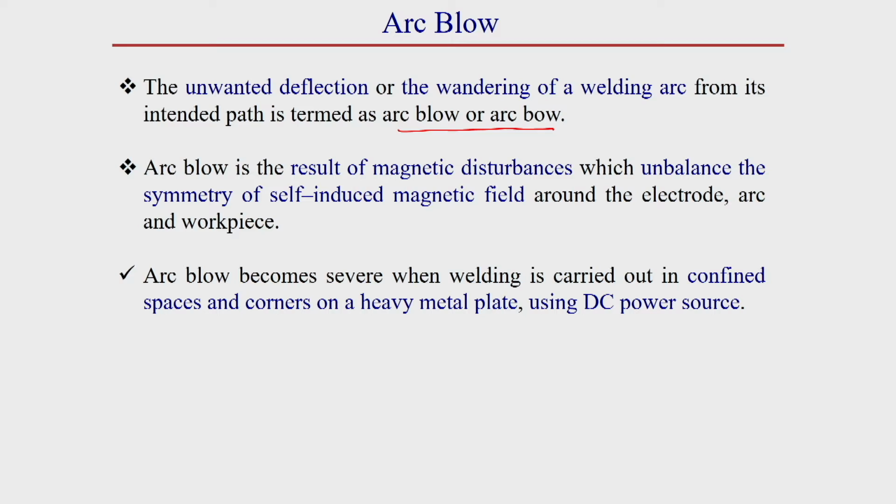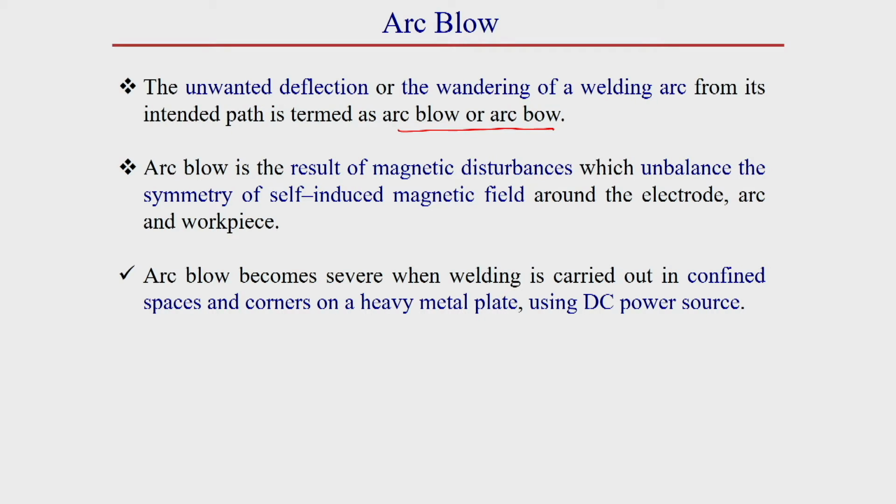Due to this change of its path, arc blow occurs in the workpiece. So arc blow is the result of magnetic disturbances which unbalance the symmetry of the self-induced magnetic field. Generally due to this asymmetry of magnetic field distribution, arc blow occurs.